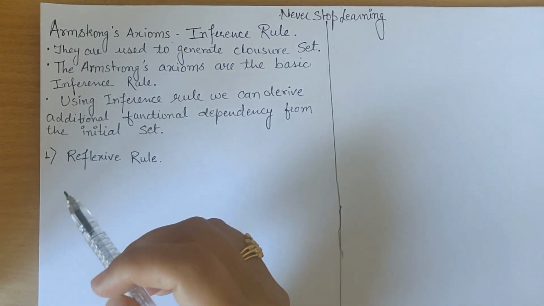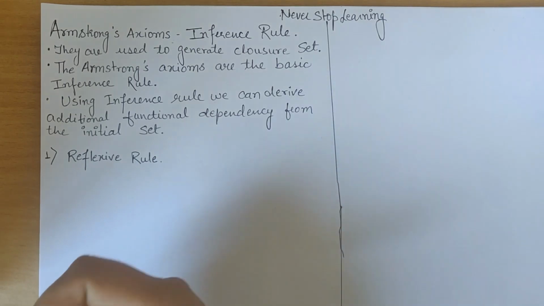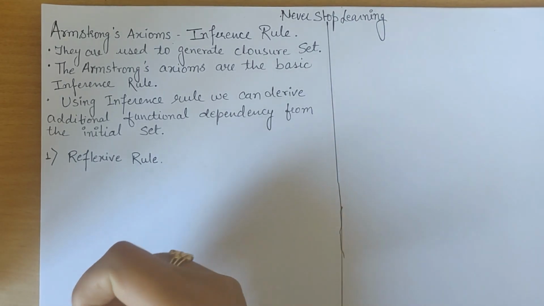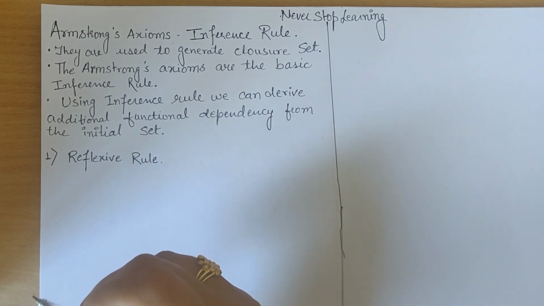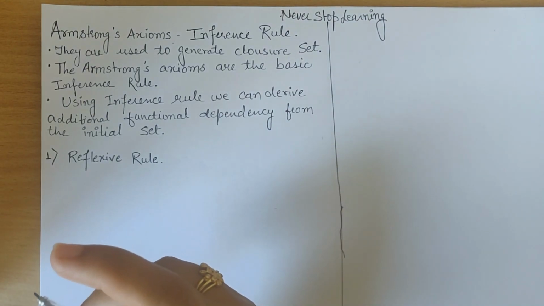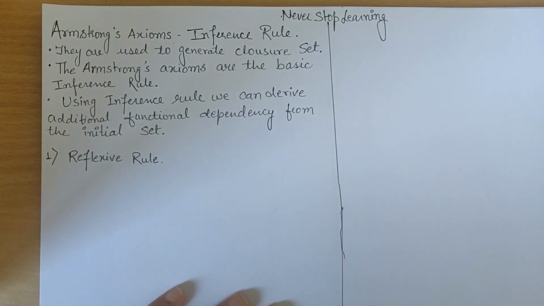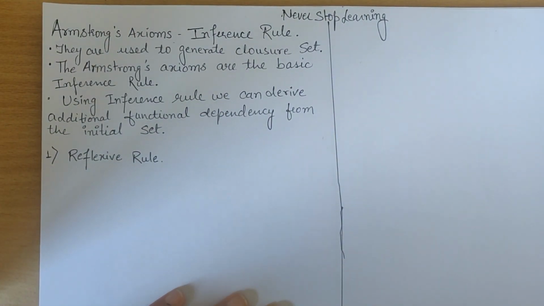We consider it true and then do all the logical calculation. Armstrong's axiom is used to generate the closure set. It was introduced by William W. Armstrong, and because of his name it is known as Armstrong's axiom.